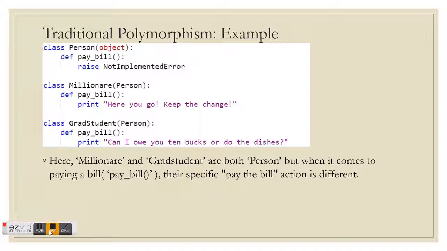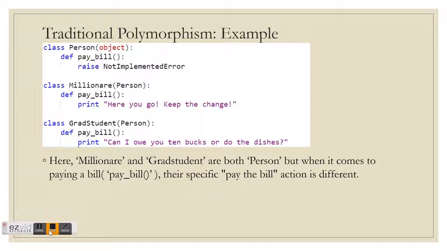So here are the responses. If I call millionaire dot pay_bill brackets, I will get: here you go, keep the change. If I use grad student dot pay_bill in brackets, I will get: can I owe you $10 or do the dishes. So these are classes of type Person, and I will use the method on objects instantiated on these classes.